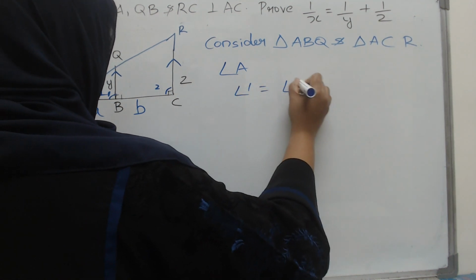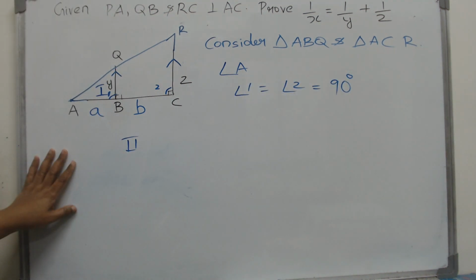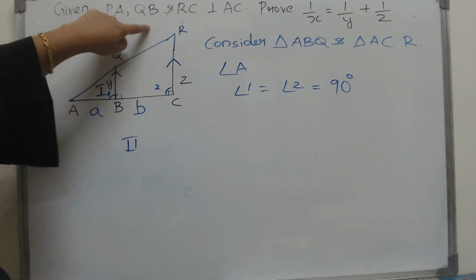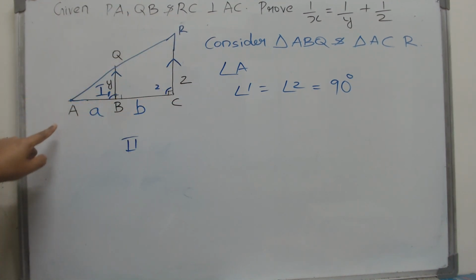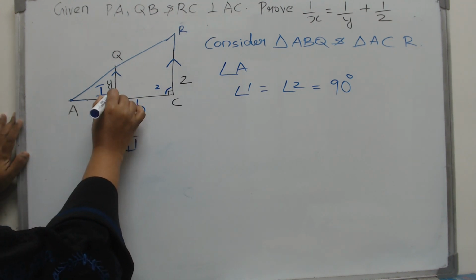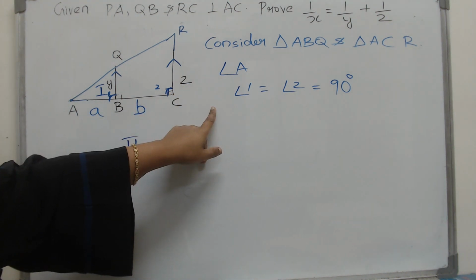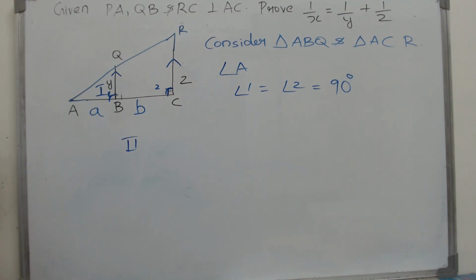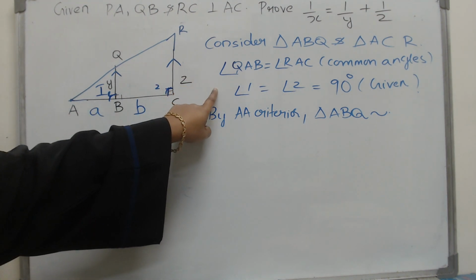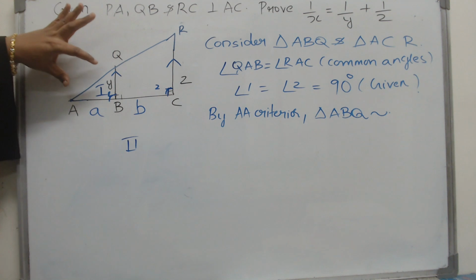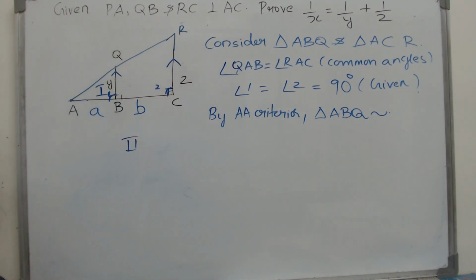Angle 1 is equal to angle 2, and both of them are 90 degrees. Why is that? Because we have here that QB and RC are both perpendicular to this line AC. So this is 90 degrees, this is 90 degrees. So we have got two equal corresponding angles, which means the small triangle and the bigger triangle are both similar.